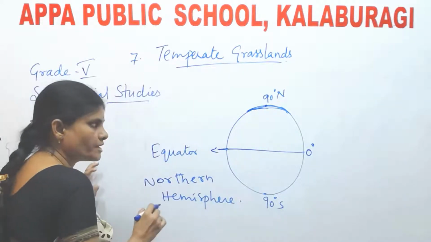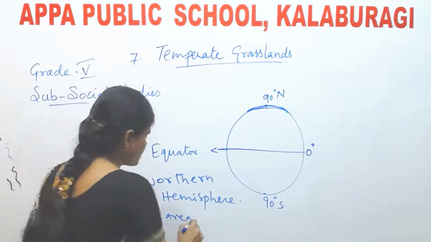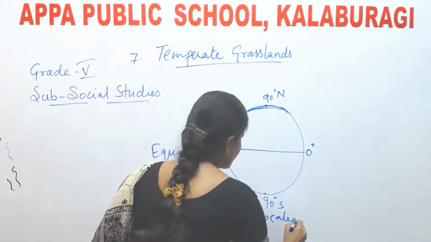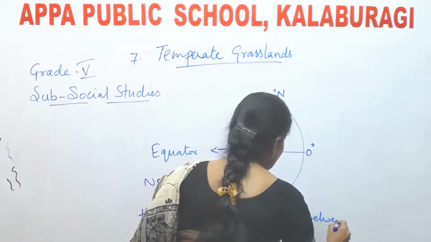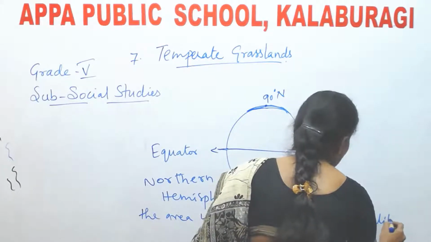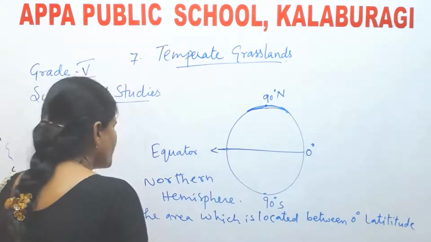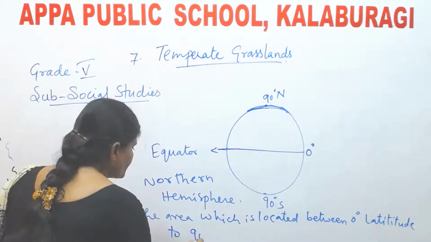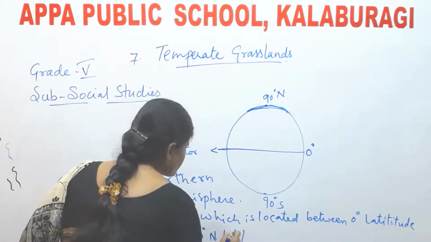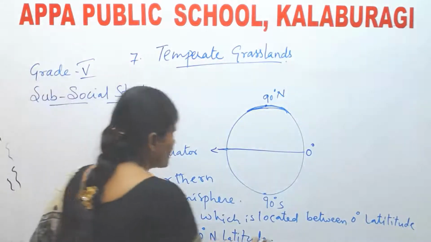The area or region which is located between 0-degree latitude to 90-degree north latitude is called the northern hemisphere.